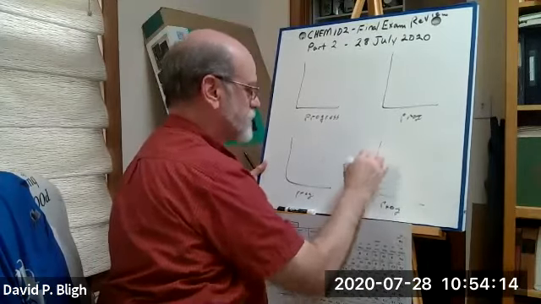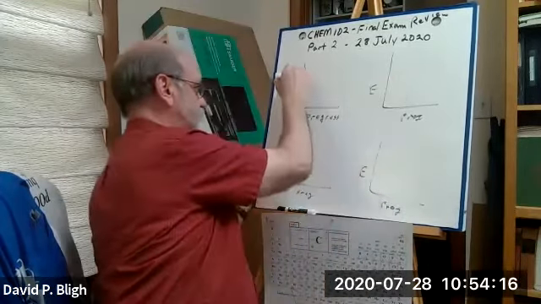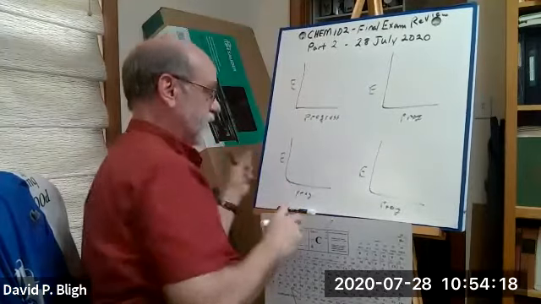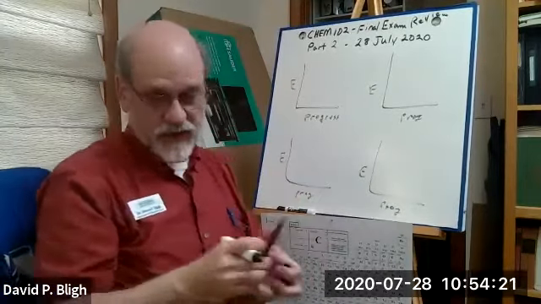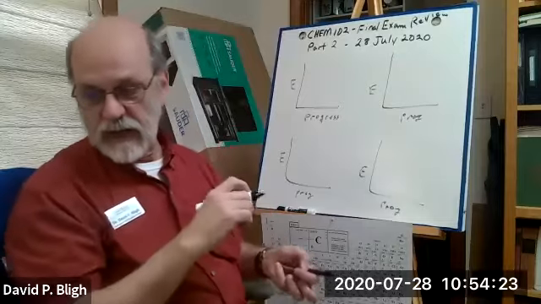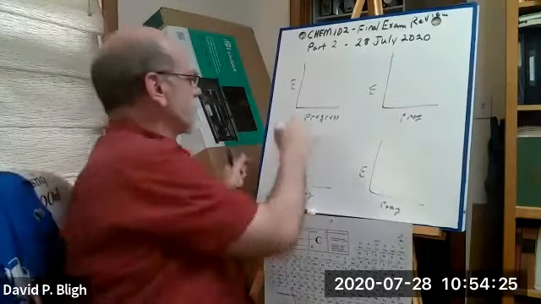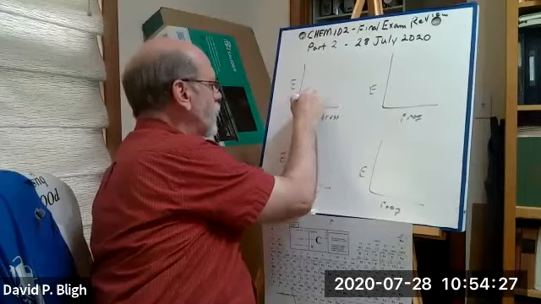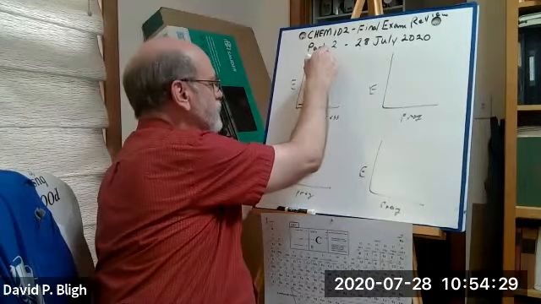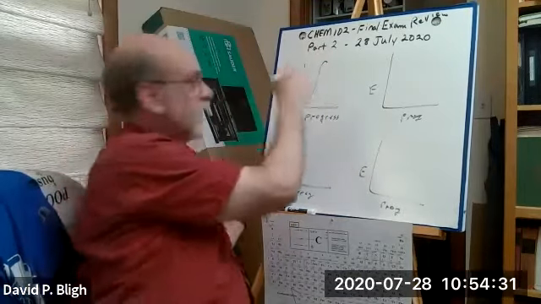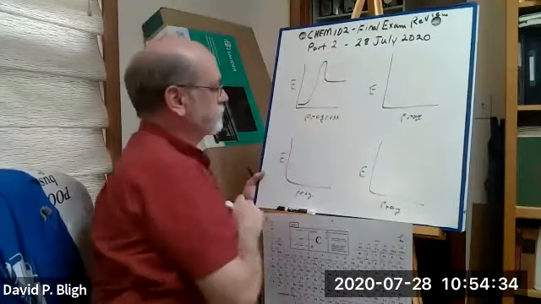And this is all energy. These are different reactions, but I'm going to ask you to choose from among them. So this one starts out really low, huge activation energy, and then it settles down about halfway.